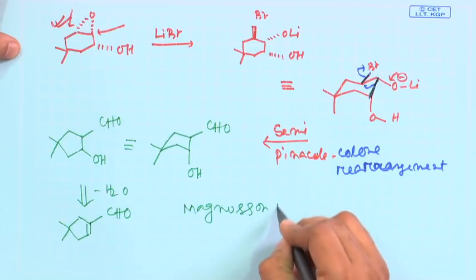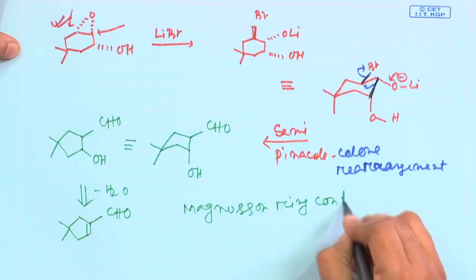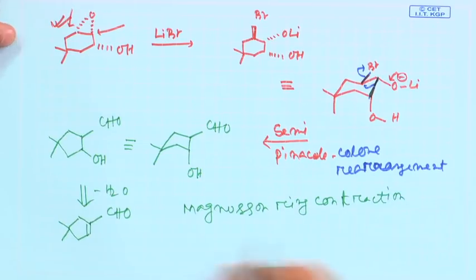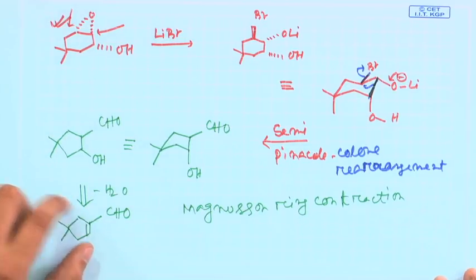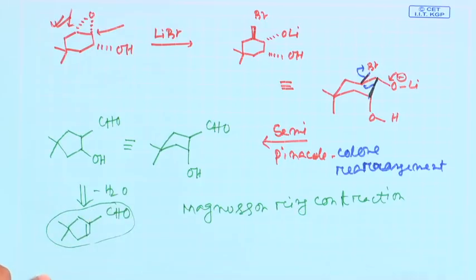Now, as I said, this is not a very popular reaction. It is a reaction which was explored during terpene synthesis, and this kind of aldehyde serves as a very good intermediate or building block for terpene synthesis.